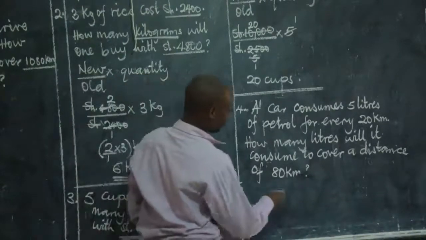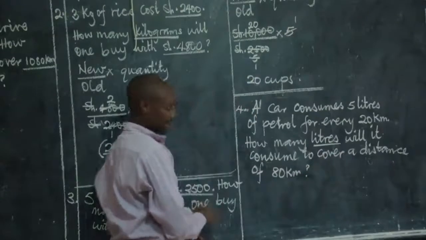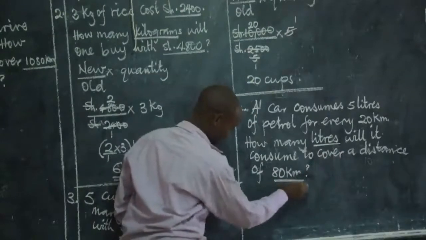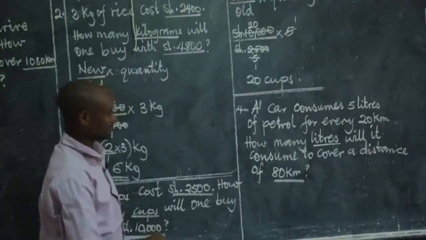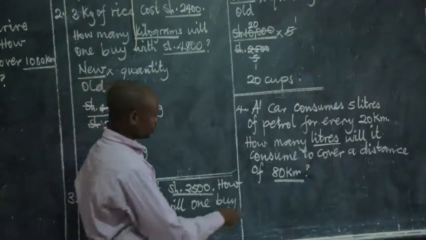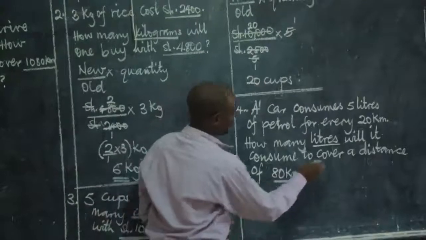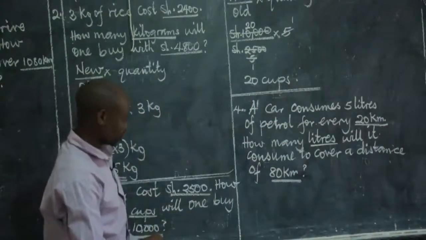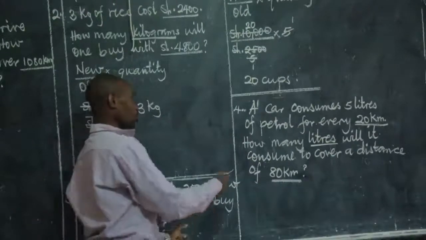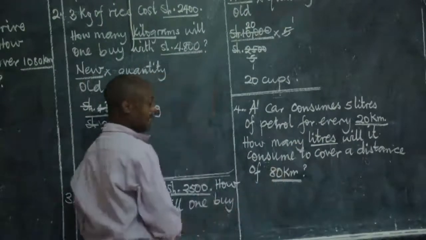So we are looking for the number of liters it can consume to cover 80 kilometers. Okay? So we have kilometers here, we have kilometers here. So which one is going to be new? The one whose number of liters are not given.